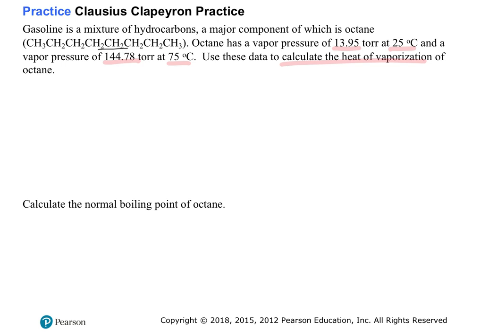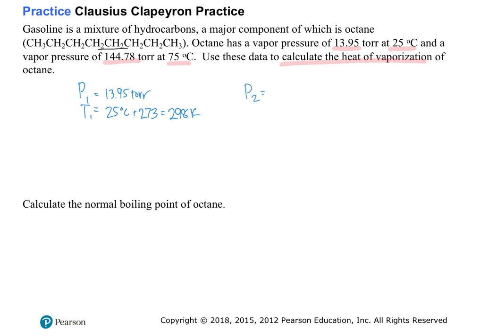The first thing I like to do is combine my terms. So I'm going to call P1 equals 13.95 torr, T1 equals 25 degrees Celsius. I'm going to go straight over to Kelvin, so 298.